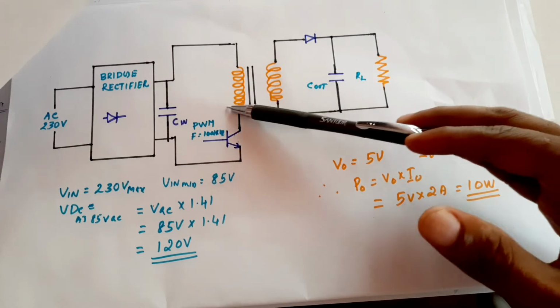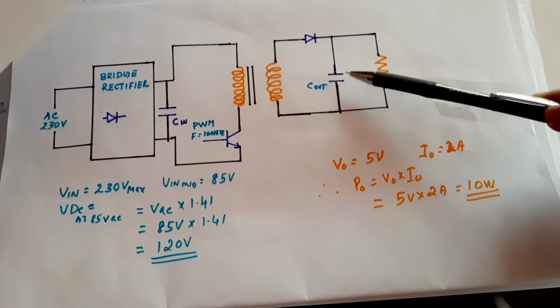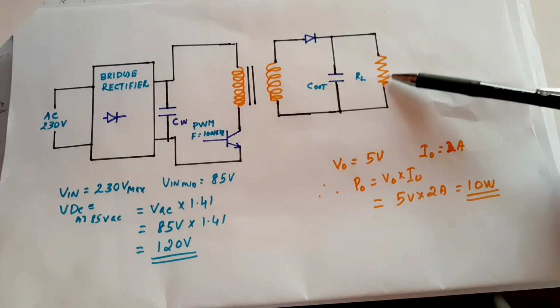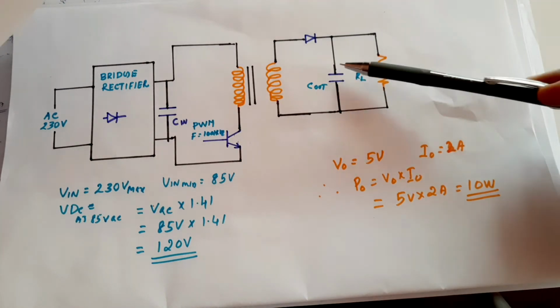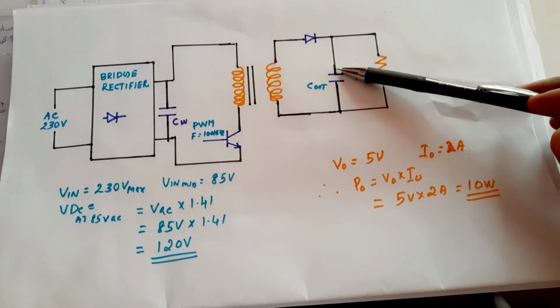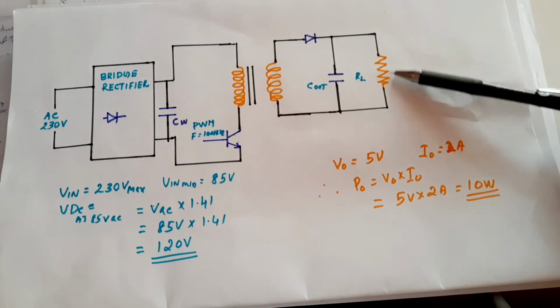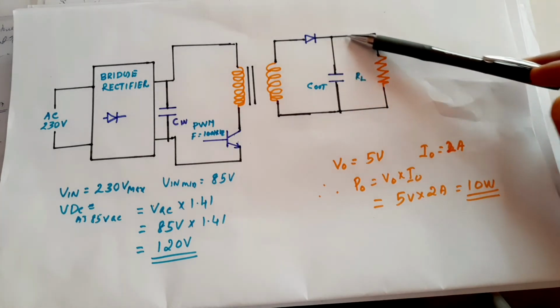When it is positive and negative, this will be negative and positive, and it is reverse biased. At that time, the only way the load can get the current is from the capacitor.